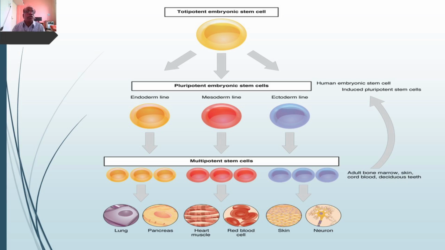The circulatory system is developed from the mesodermal line or the mesoderm. Then the endodermal systems or organs, that is the digestive system, respiratory system or the reproductive system, are functioning properly after the complete development.